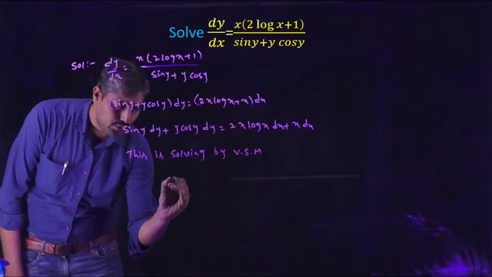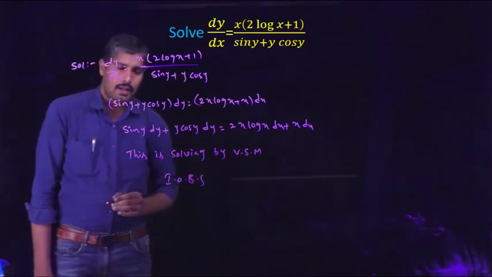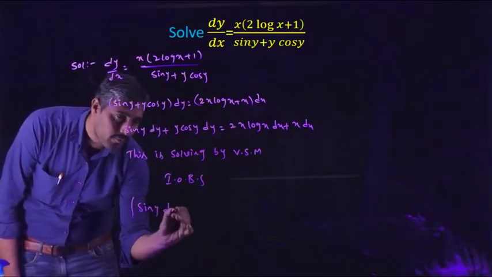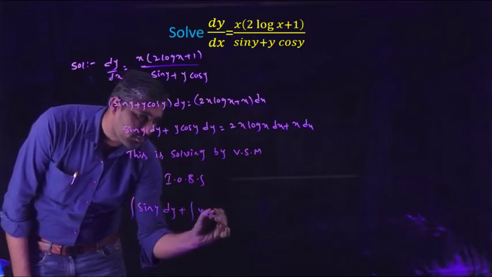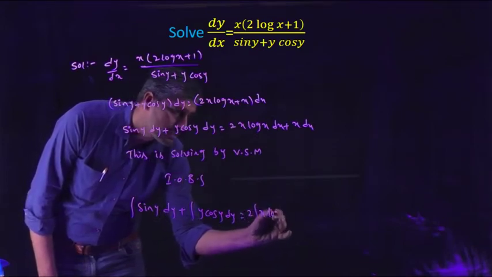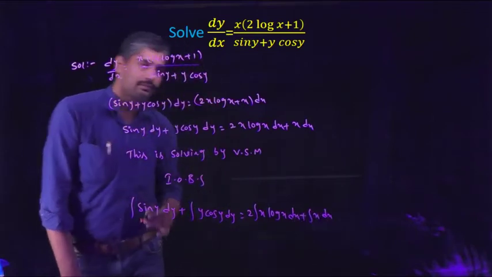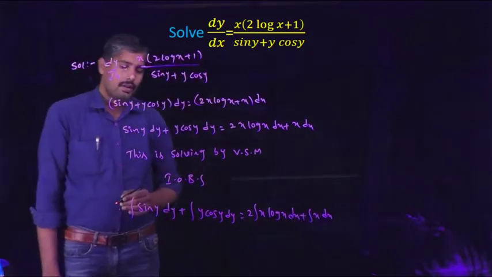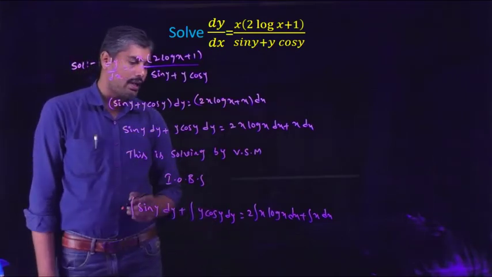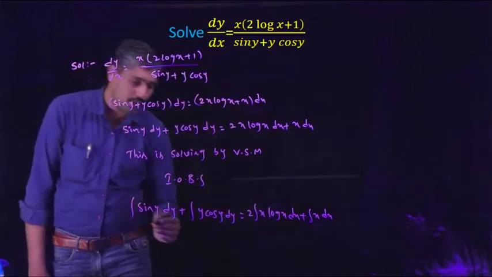Integrating on both sides, integral sin y dy plus integral y cos y dy equal to 2 into integral x log x dx plus integral x dx. We know integral sin y, but how is this one solved? Integral y cos y and integral x log x are solved by using the by parts formula.